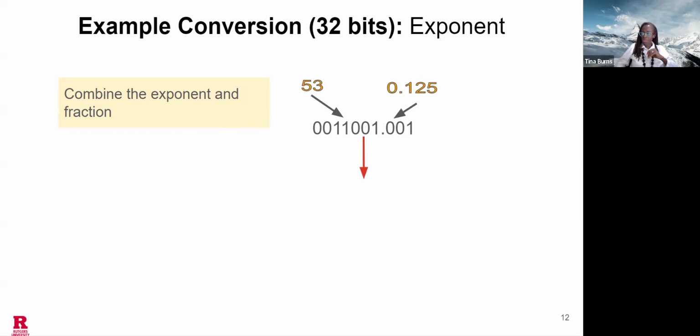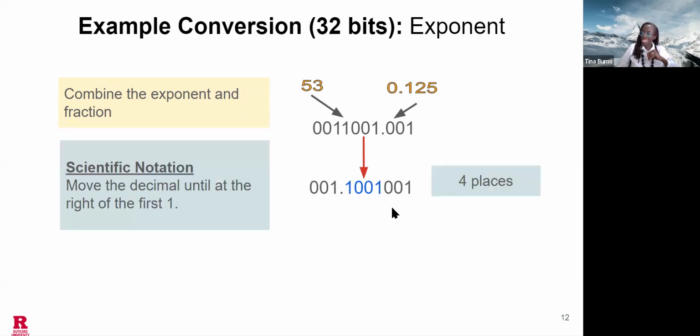Now, my next step is I want to go ahead and put this in scientific notation. You guys remember scientific notation from grade school, right? If I don't want to have 462, I want a single digit, all you do is you move the decimal point, and then you multiply it by whatever your base is in order to get the number that you want.